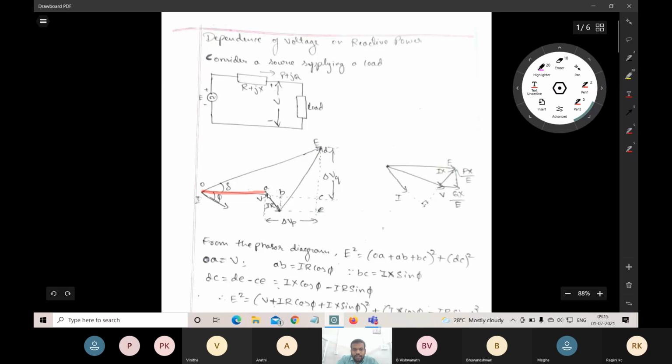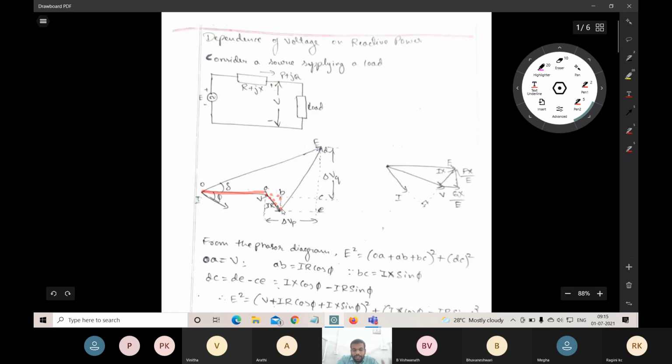Here we have IR, and this dotted line, so this entire block looks like a right angle triangle. The side AB gives you IR cos phi.